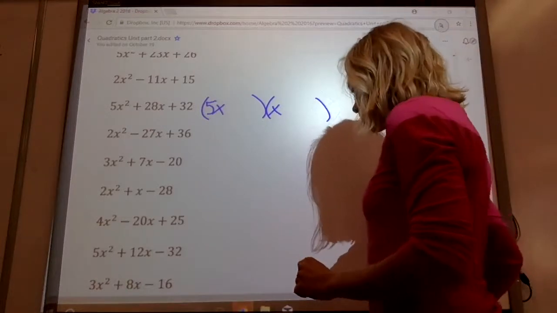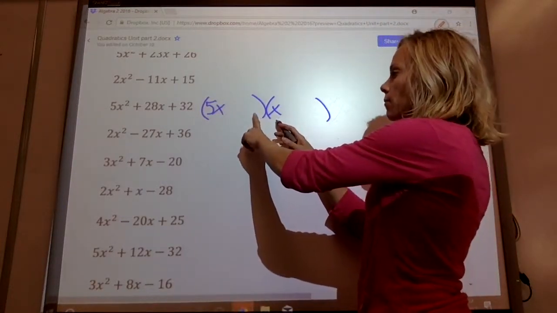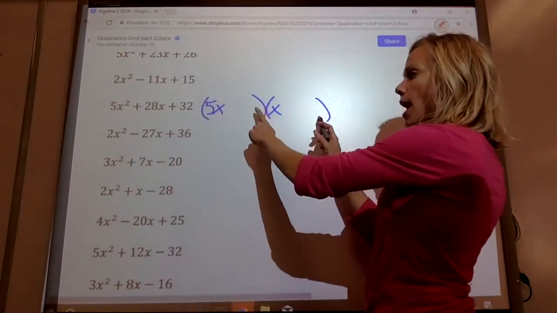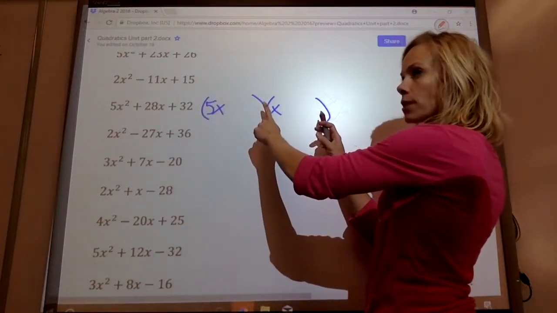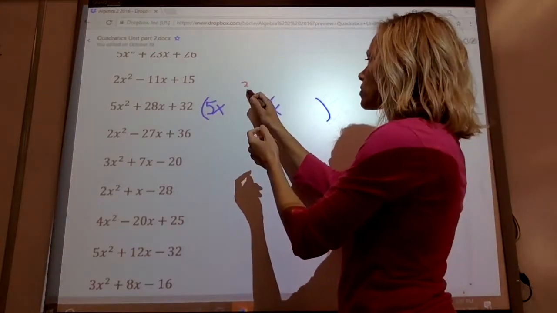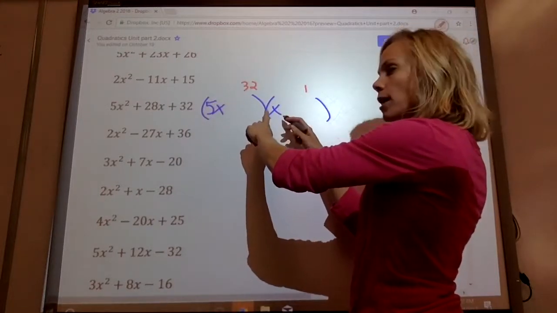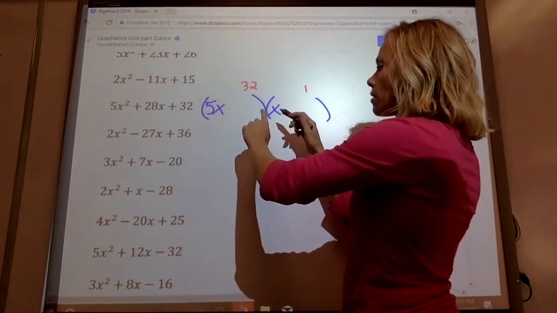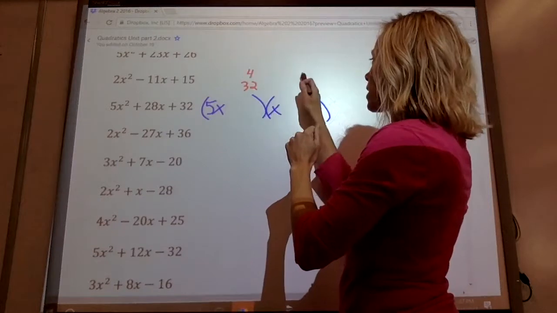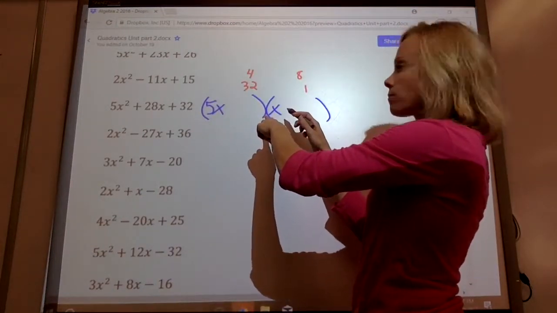Now, mental math, I want to think what outer, inner, would I get 28, but last, right, FOIL, first, outer, inner, last, would give me 32. So start trying some things. 32 and 1. Does 35 and 32 give me 28? No. So what else? 4 and 8. Does 40 and 4 give me 28?